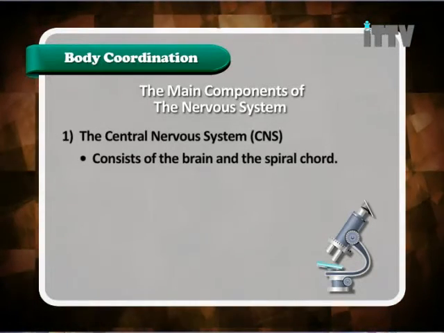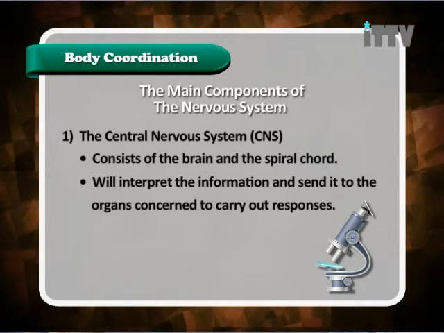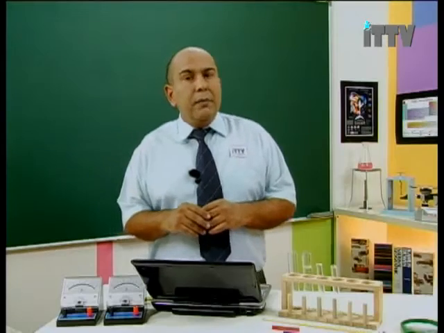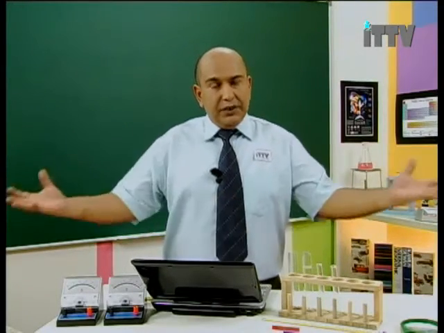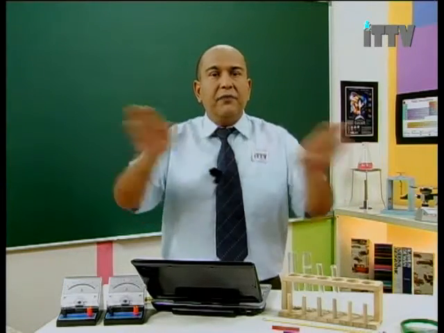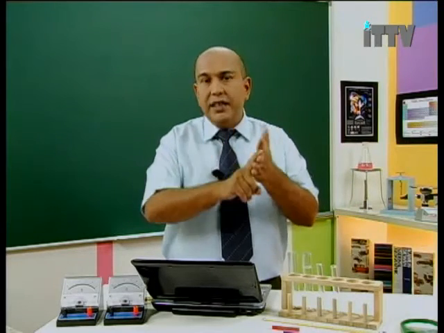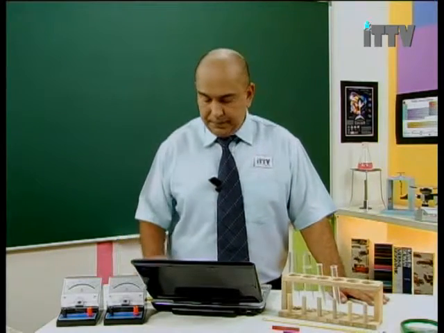The central nervous system will interpret the information and send it to the organs concerned to carry out responses. So the main function of the CNS is to receive information, analyze, and effect a response. That's the key to the CNS.